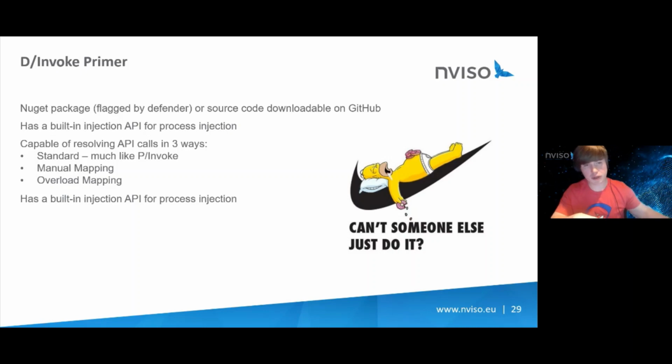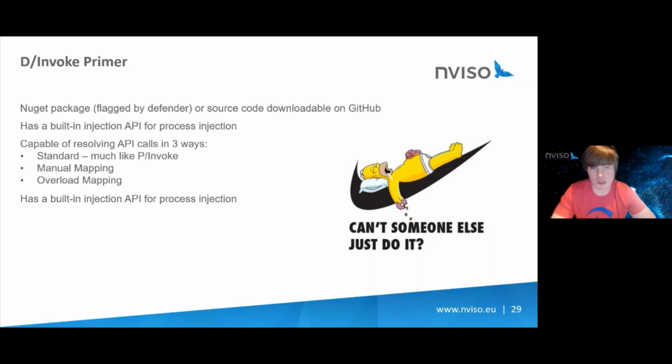So dinvoke is capable of resolving API calls in three ways. You have the standard dynamic API resolution, which is a bit like pinvoke. It's not really intended to evade detection. However, it does get rid of the import address table calls.